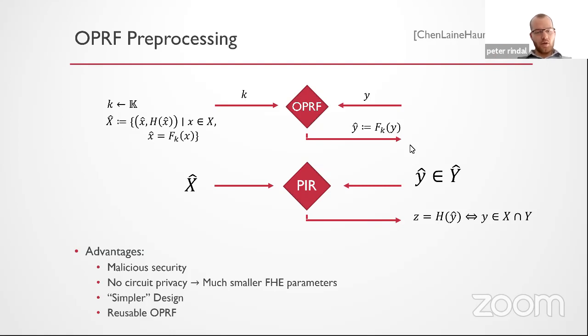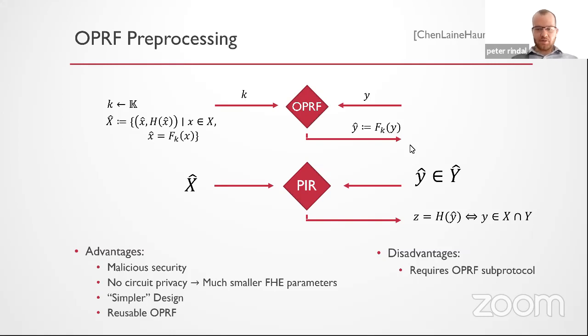So say in the WhatsApp scenario, they would first pick a key K, and then encode their database once and for all under this PRF with key K. And then they can just on demand run this interactive OPRF protocol with any client needed, which has small communication, and then run the PIR part. And so the cost of running the OPRF ends up sort of disappearing in an amortized setting where you have many clients.